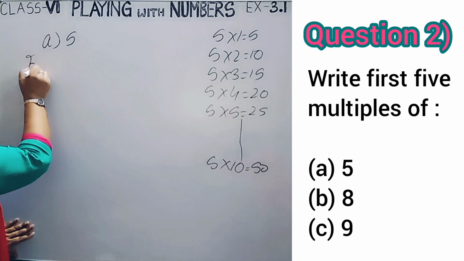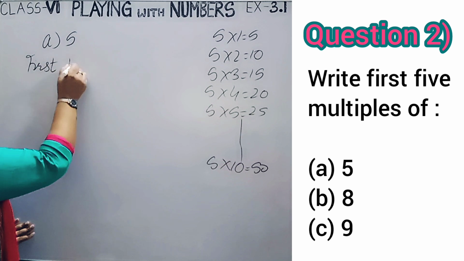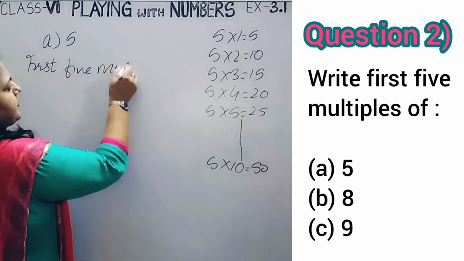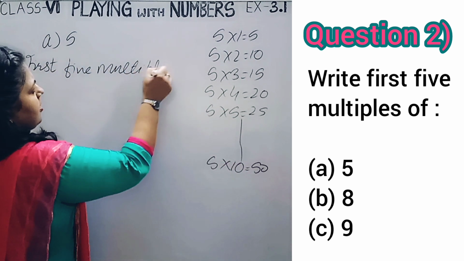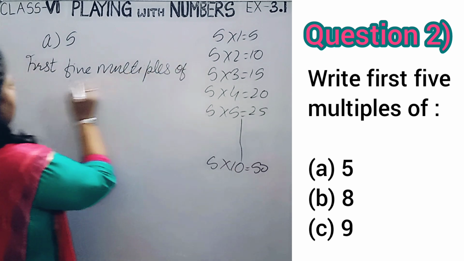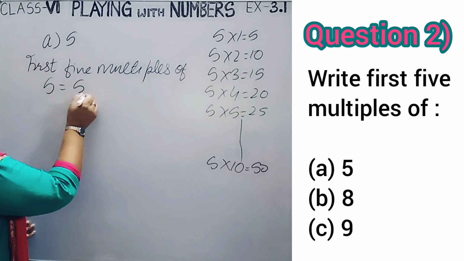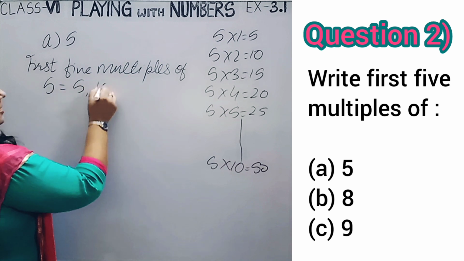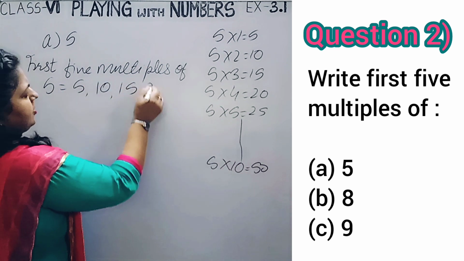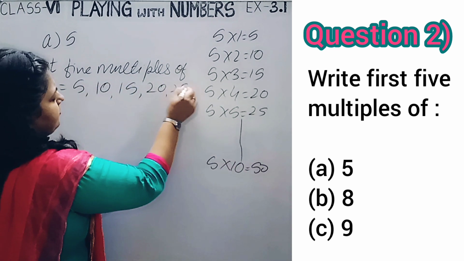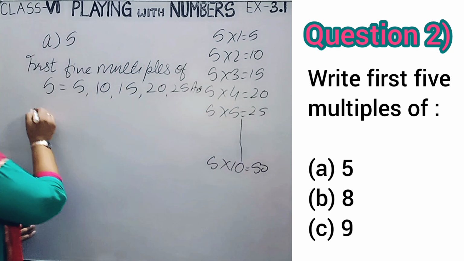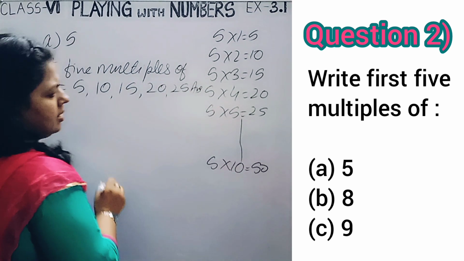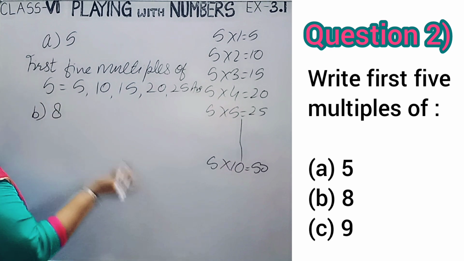So first 5 multiples of 5: 5, this is first multiple, 10, 15, 20, 25. Answer. B part is 8. Now again same procedure.